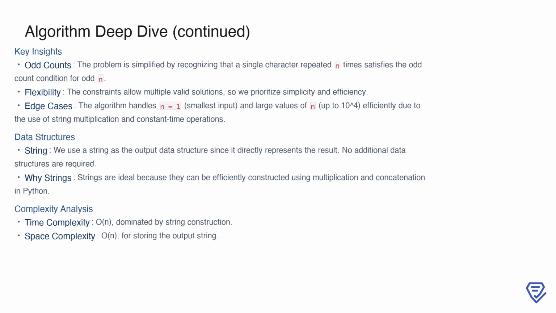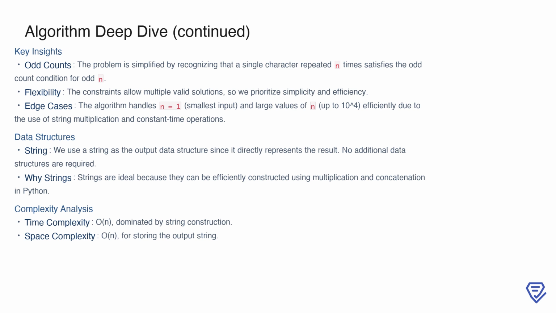The problem is made easier by recognizing a few key insights. First, repeating a single character n times satisfies the odd count condition when n itself is odd, which simplifies the logic significantly. Second, the problem's flexibility in accepting multiple valid solutions allows us to prioritize simplicity and efficiency.